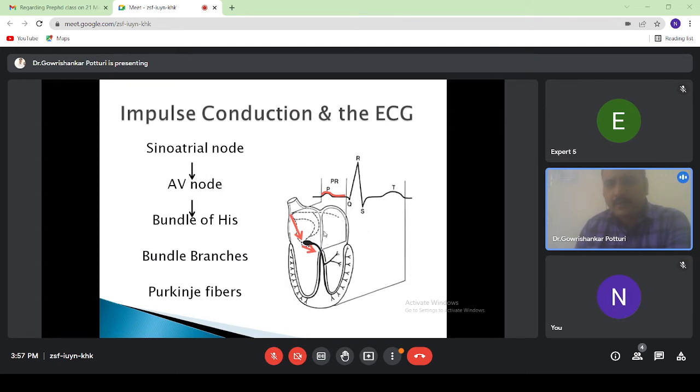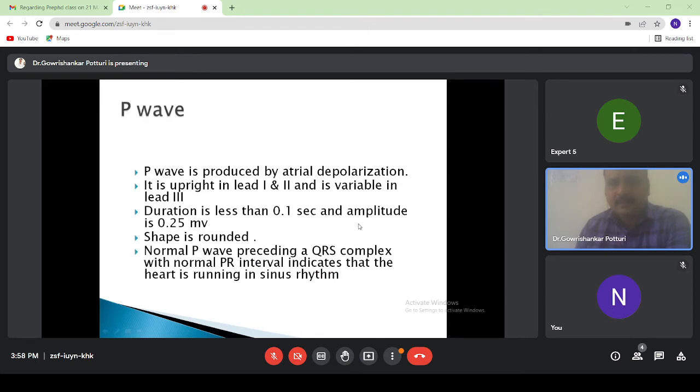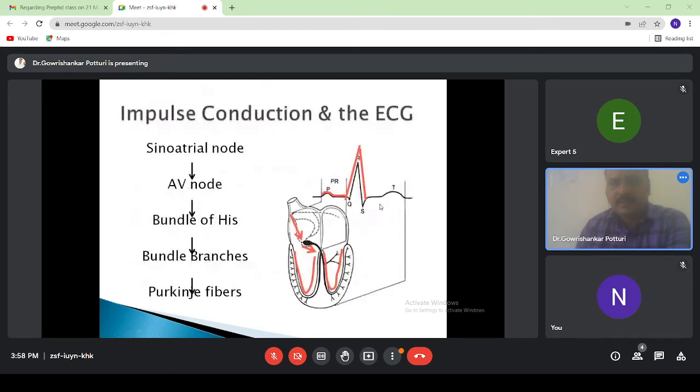That means atria go into contraction. You get a P wave. From bundle of His to bundle branches, you get the QRS complex. Then to Purkinje fibers, you get the T wave. That means when the ventricles go into repolarization.